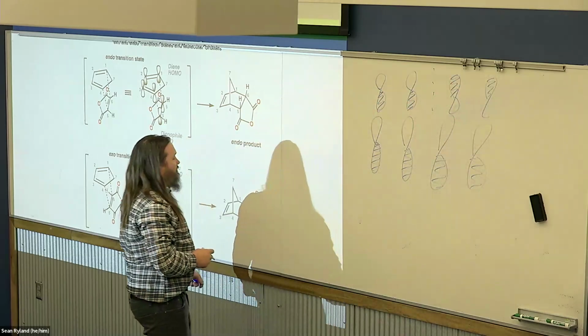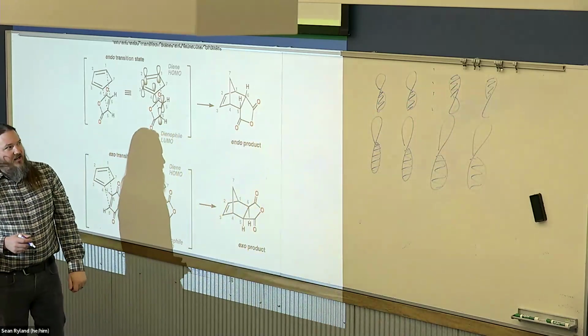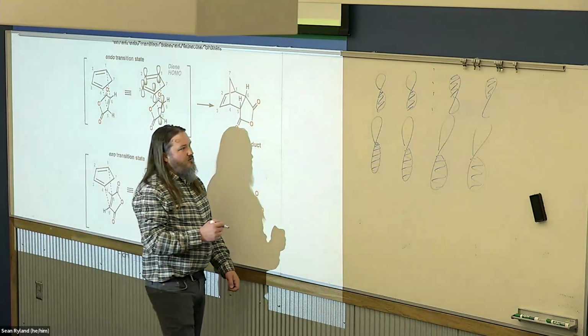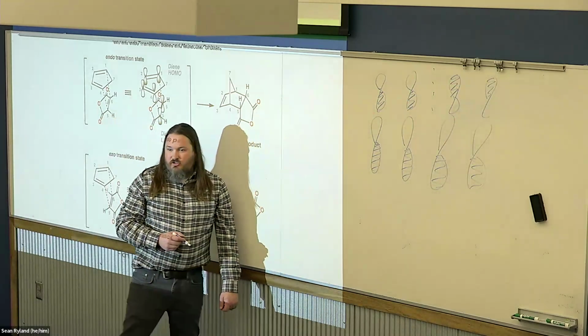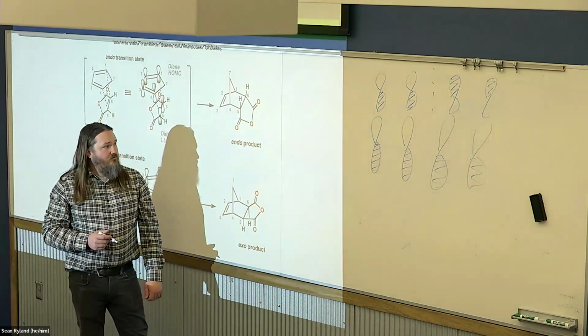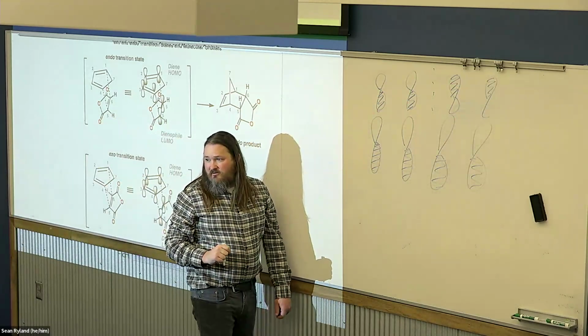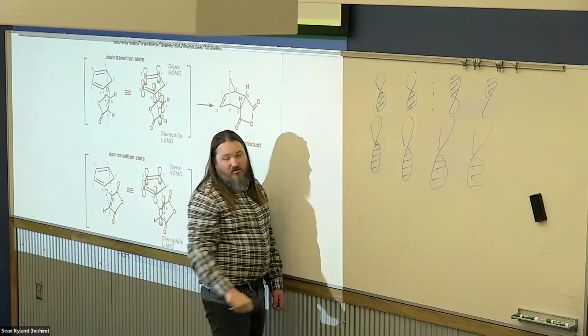How many pairs of electrons does our diene have in the pi system? It should have two pairs, right? So that means we have electrons in this energy level and we have electrons in this energy level.